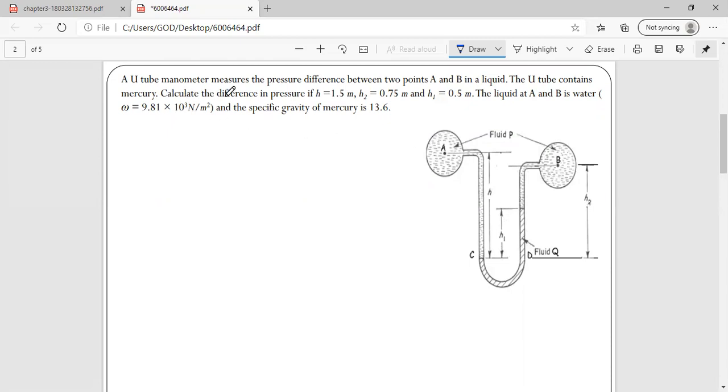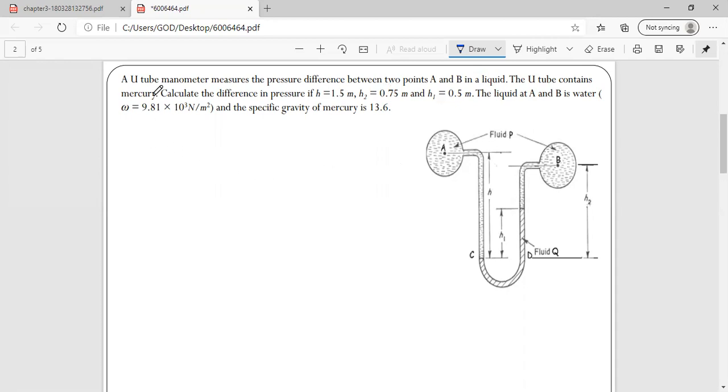Calculate the difference in pressures if H1 is equal to 1.5 meters, this distance is 0.5 meters, and this distance is 0.75 meters, because this is not equal. If you observe, your A portion is somewhat higher than the B portion.